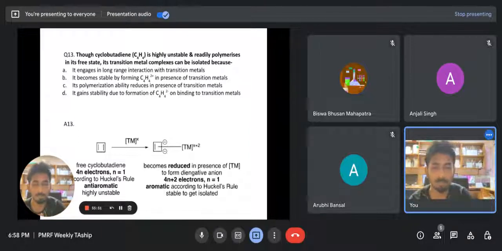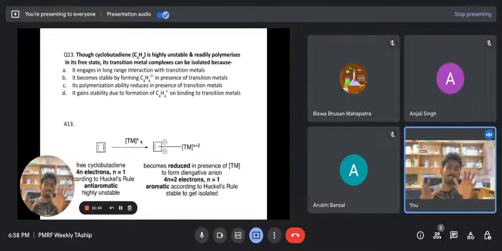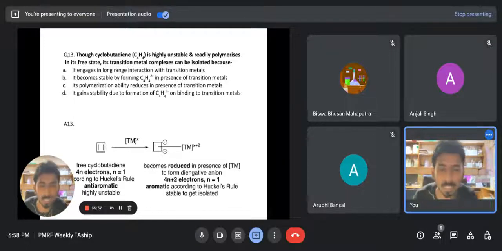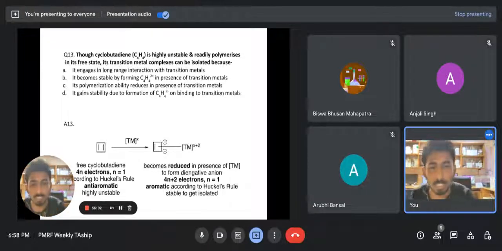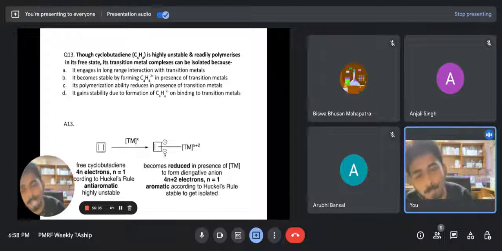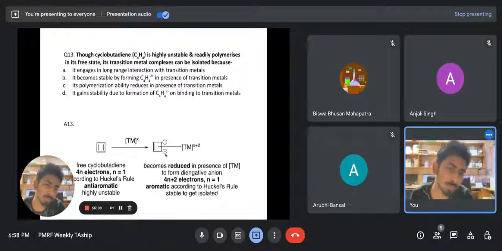We all know that. But whenever we have a transition metal, suppose it is residing in its X oxidation state, and we know transition metals are reducing in nature, it will reduce this cyclobutadiene by putting another two electrons on it.